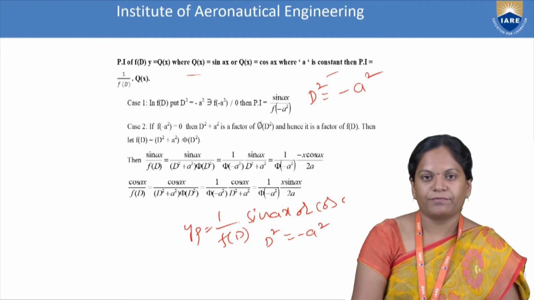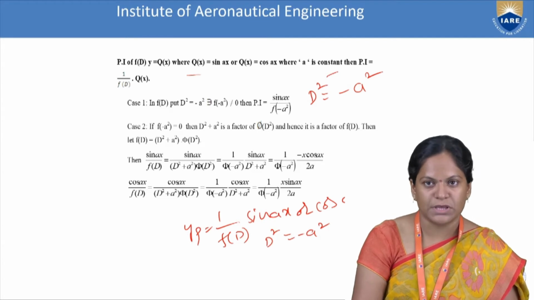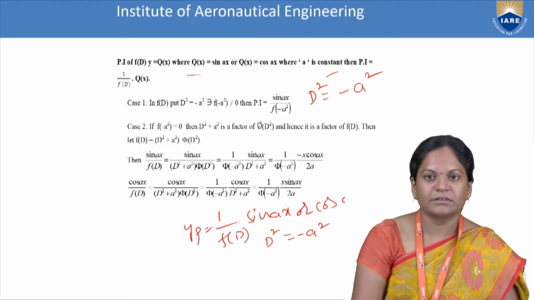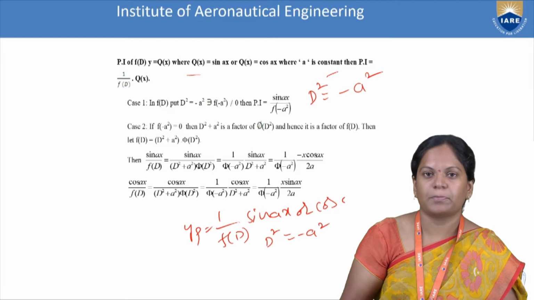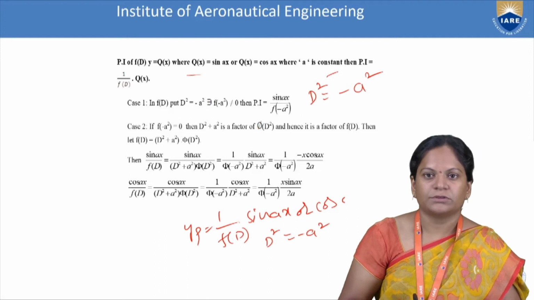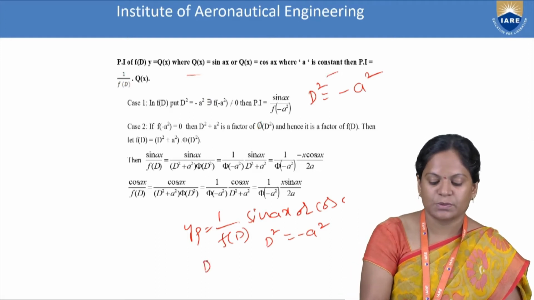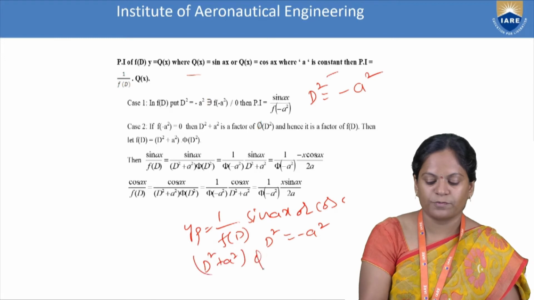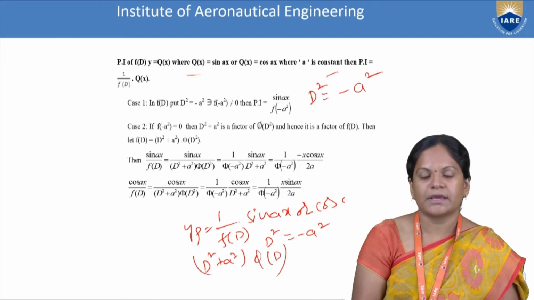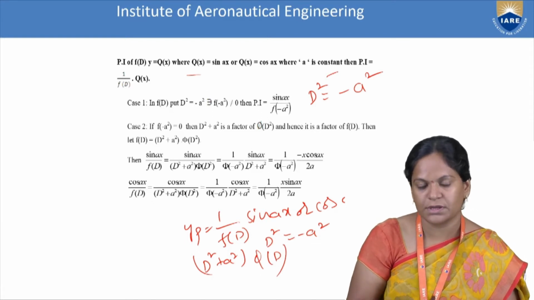Case 2: if f(-a squared) equals 0, then write the factors of f(D). What are the factors of f(D), whether a second degree or third degree polynomial, whatever it is? First take the factors of the denominator. The factors are like this: D squared plus a squared into some function of D. So here we have two factors, where one factor is equal to 0 and the other is not equal to 0.